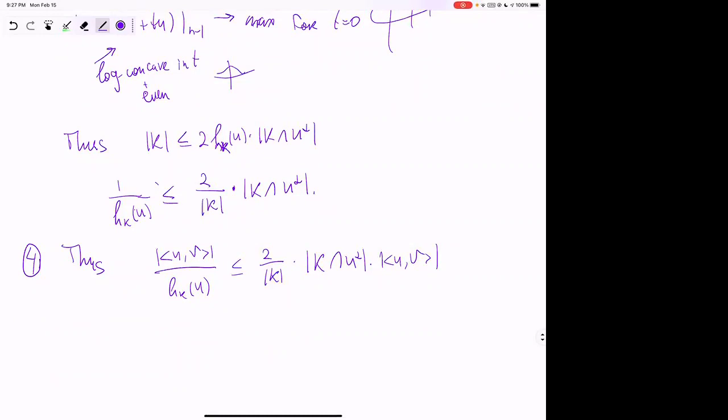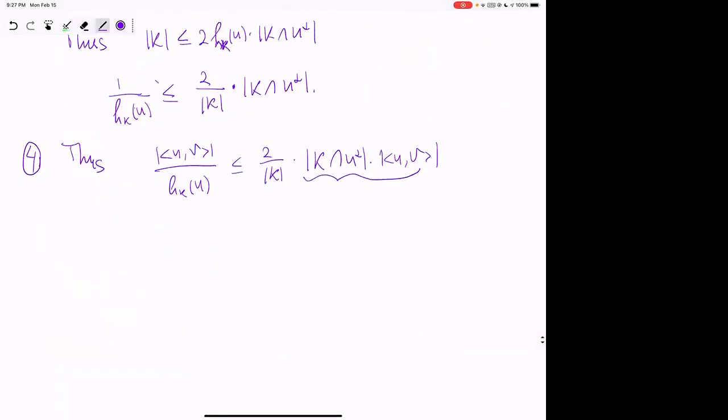Now, who can tell me what is written here? Note, I have here some kind of flat object intersected with U perp. It's something n minus 1 dimensional. And I'm multiplying this n minus 1 dimensional thing by a scalar product of 2 unit vectors.